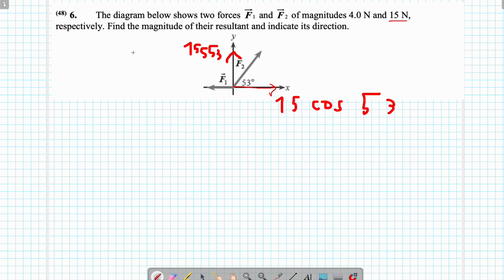And as we know, F1 is 4, right? So now we're gonna need to find the net force on the x-axis. So basically, the x component of the resultant, which would be 15 cosine 53 minus 4 i, plus, there is only one force on the y-axis, which is 15 sine 53.